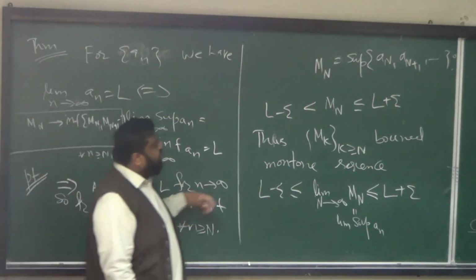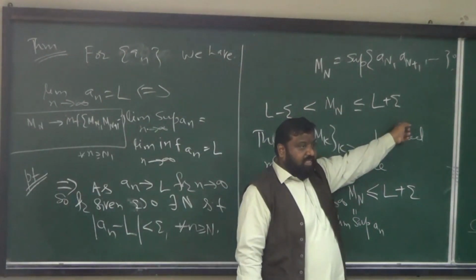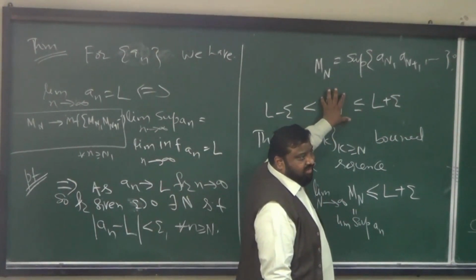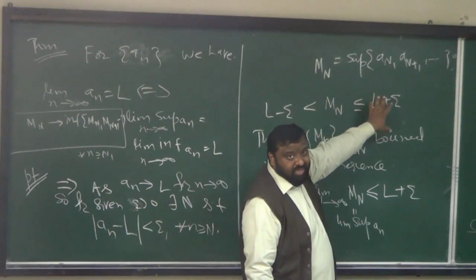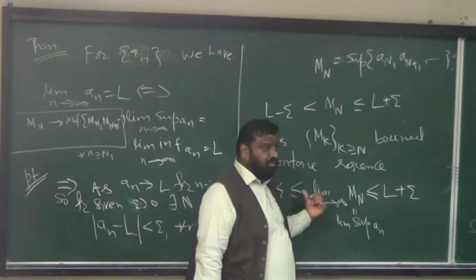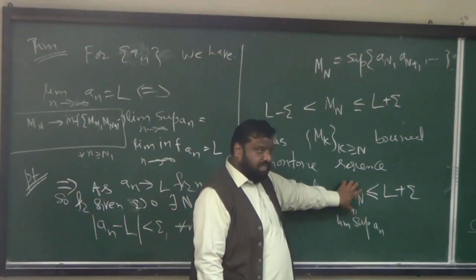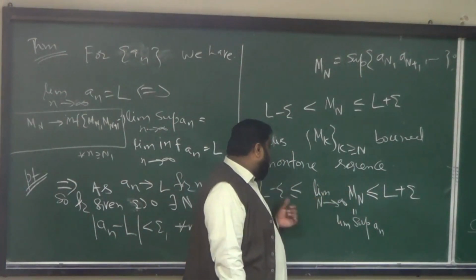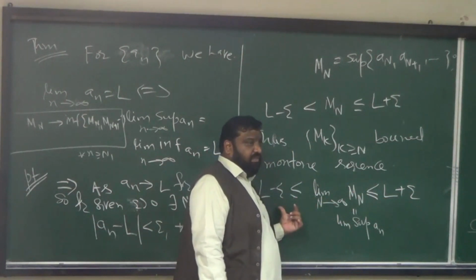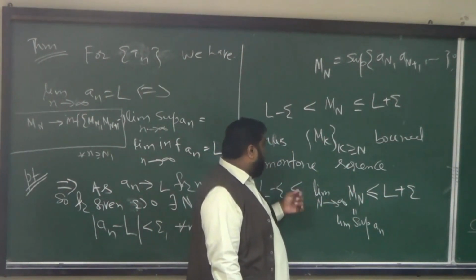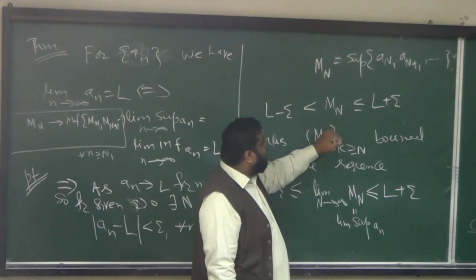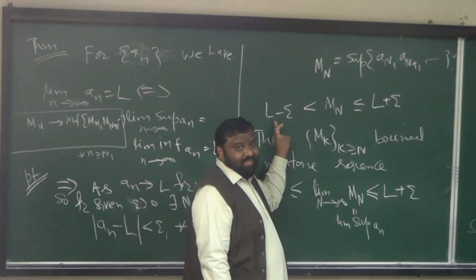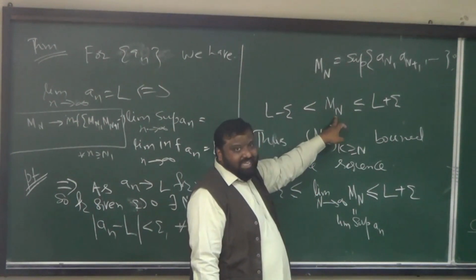So we are saying that if the Mn is between L minus epsilon and L plus epsilon, then the number which is smaller than this, how can it not be between L minus epsilon and L plus epsilon? So it must be between them, which is basically this infimum. And yes, this can be equal to L minus epsilon because it is an infimum, because this is the lower bound for all these Mn's.